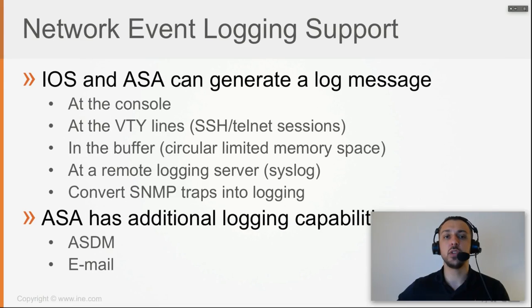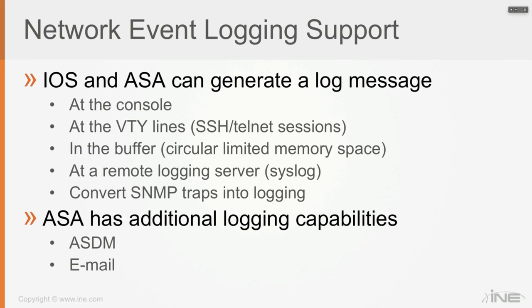For example, you may choose to configure the ASA so that when you have two ISPs, A and B, and the ISP A link goes down, the ASA logs a message and emails you so you know that the connection is down. So the ASA has additional logging capabilities as opposed to IOS.